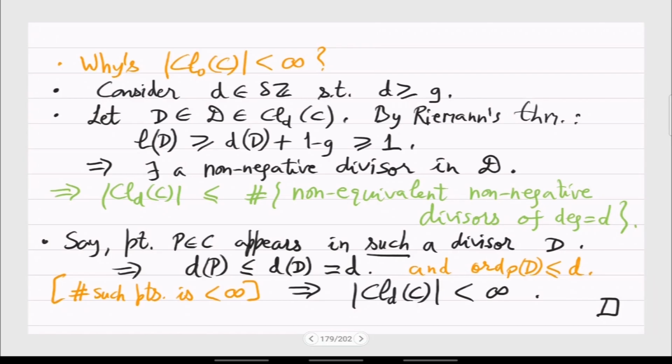Yes, so that's an interesting proof. It goes via degree positive, but it tells you something about degree 0 also.